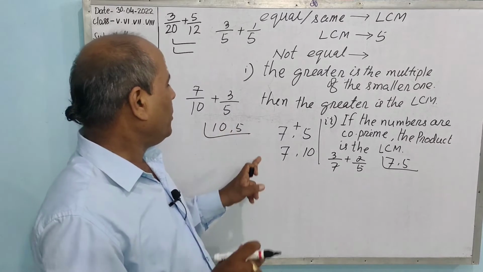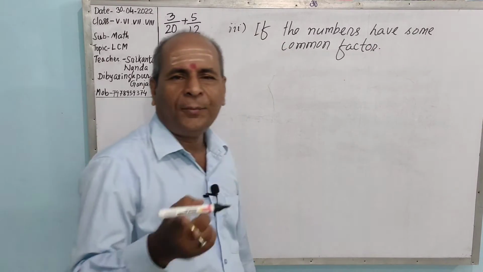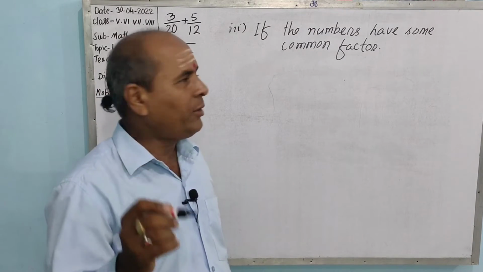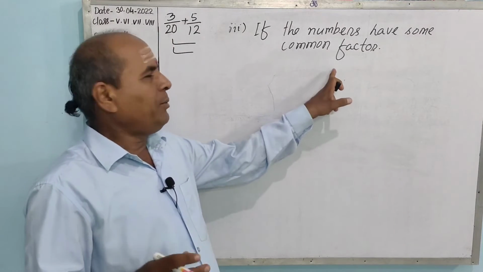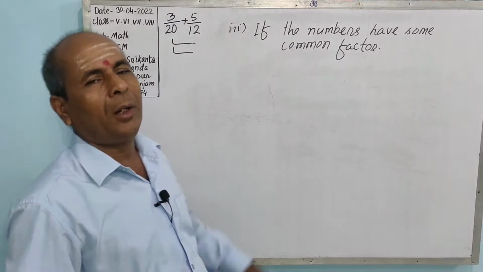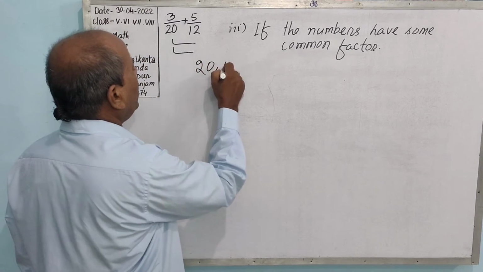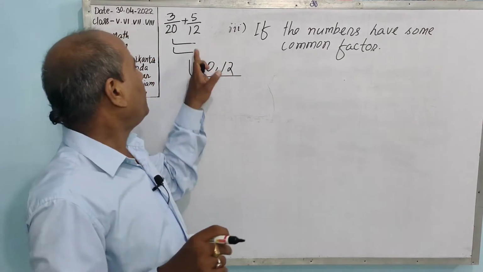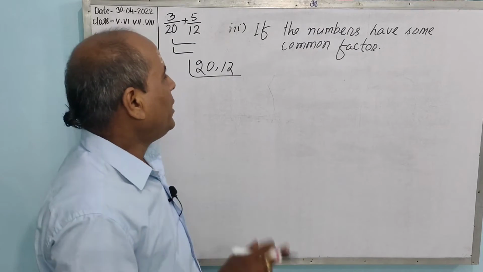Then we will come to number 3. I expect all of you who are watching this video and want to learn it to note this down. If the numbers have some common factors, like 20 and 12, what would we do? It is not necessary to do it the long way. Their common factor may be 2, it may be 4, but it is not necessary.